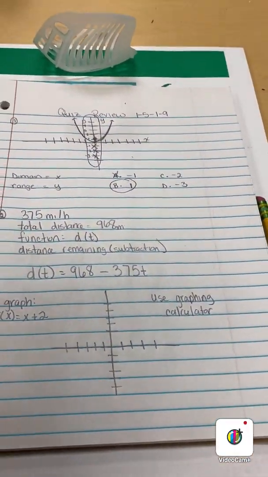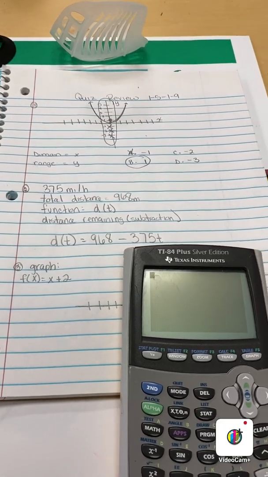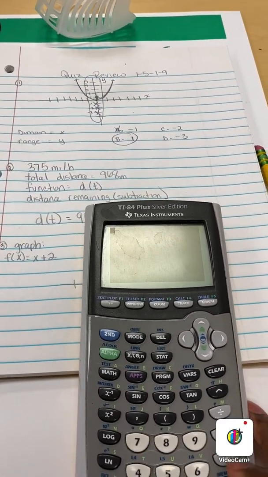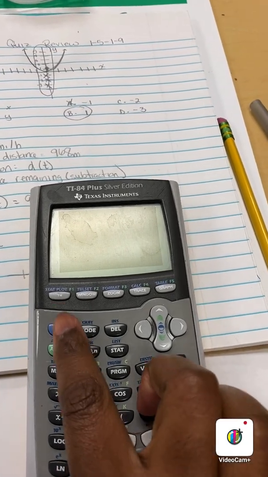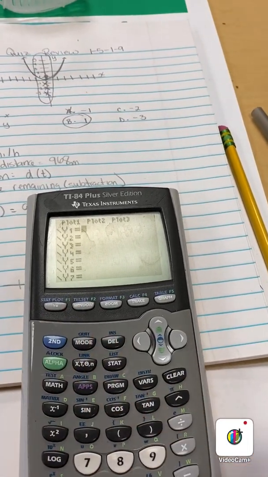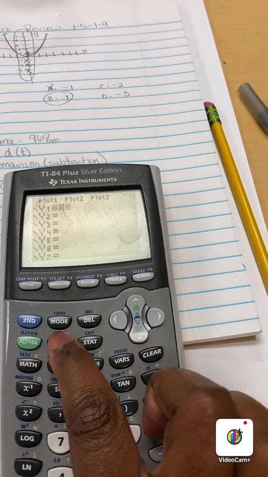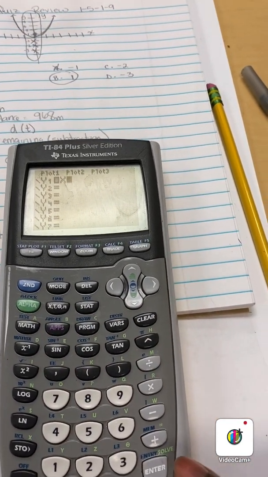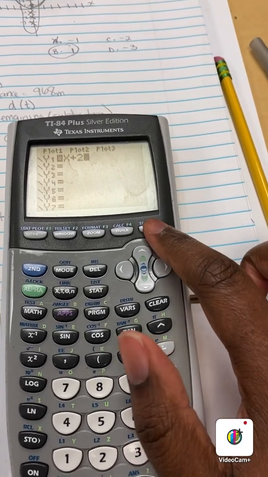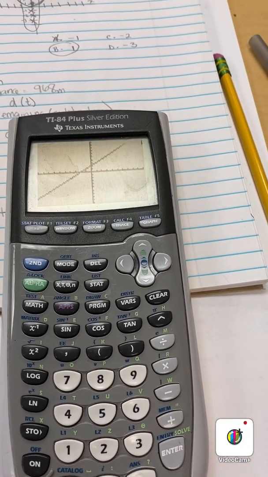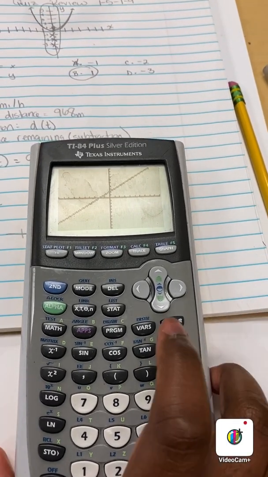So what we're going to do is put this function f of x equals x plus 2 in our y equals. So here's my calculator. I'm going to press my y equals at the top. And then I'm going to type in x plus 2. And then I'm going to graph it. And that's it. That's all we have to do is just graph that function.